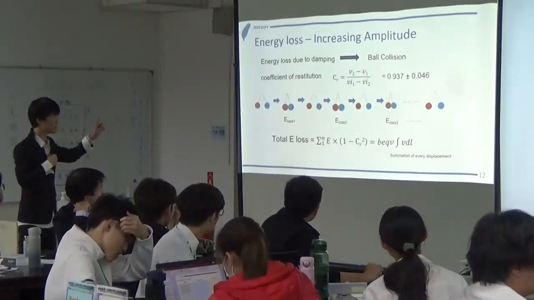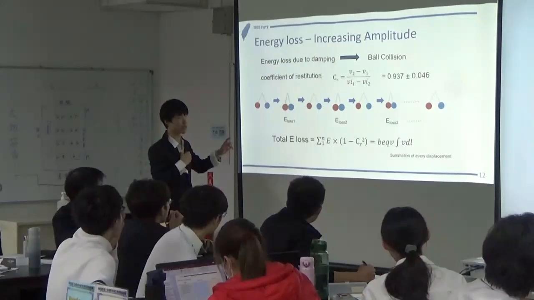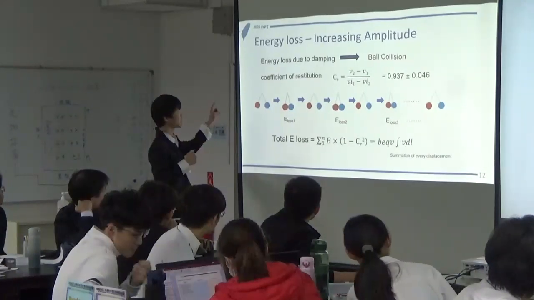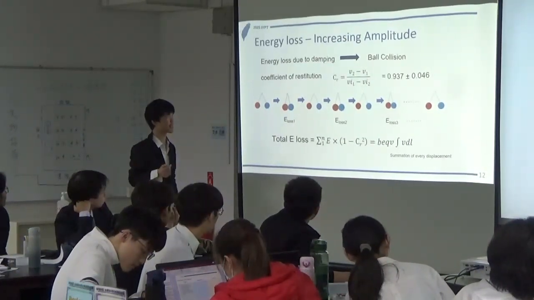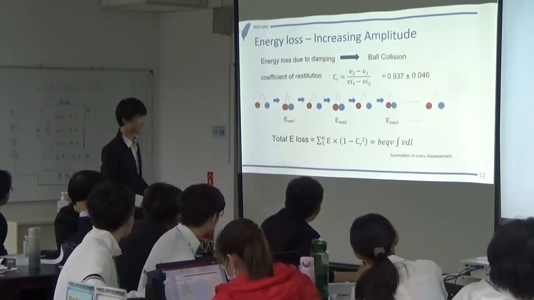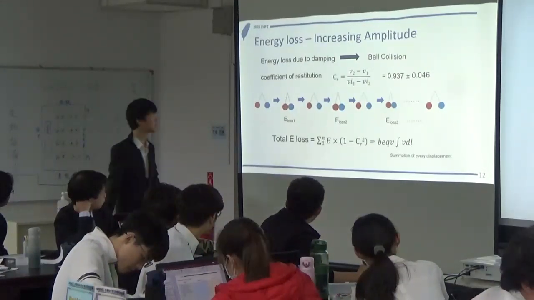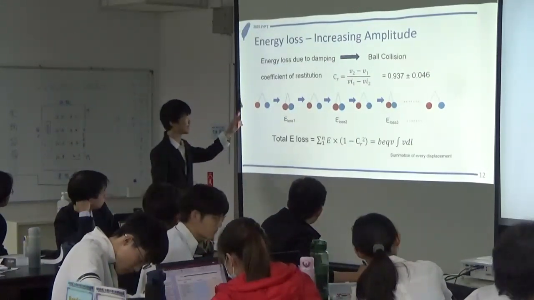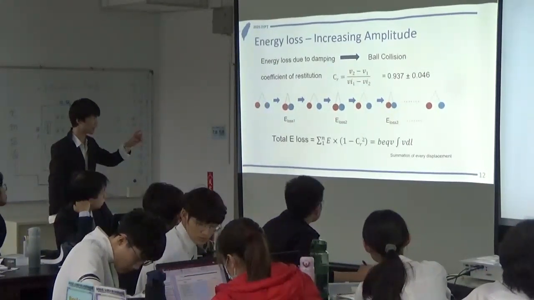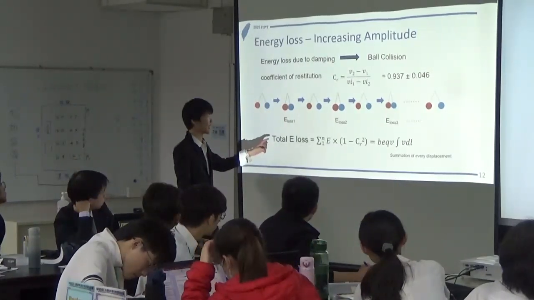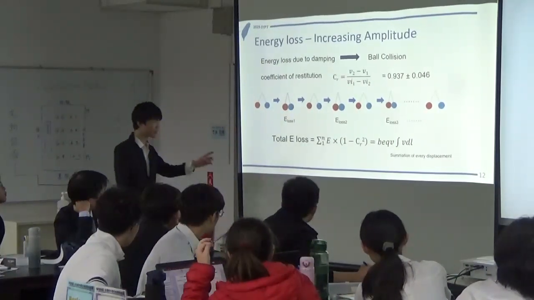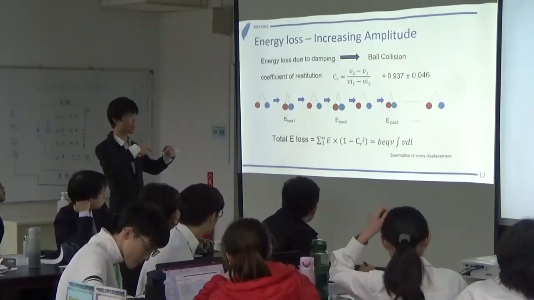And why do we use the damping model in our theory? Because the energy loss due to damping is mainly from the collision. Because it's an inelastic collision, we can calculate the inelastic collision coefficient, and we can get that the total energy loss is proportional to the speed when they collide.